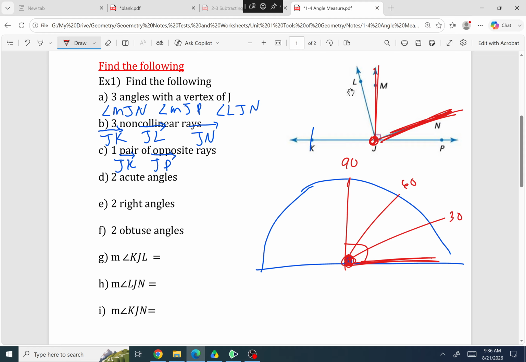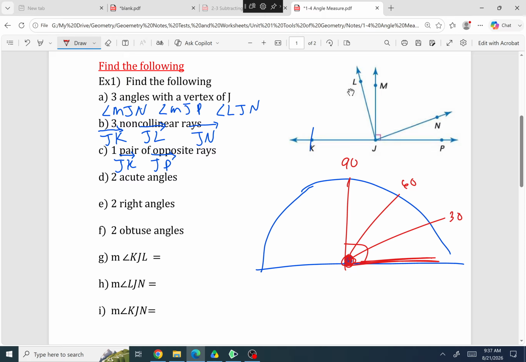Okay, what do I know about an acute angle? What does acute mean? Okay, do I have a 90-degree angle anywhere? Yes, can you see it? Okay, look, this is a big one in geometry. Just because something looks the same doesn't mean it is. If it looks like it's something, it probably is, but you can't assume it.